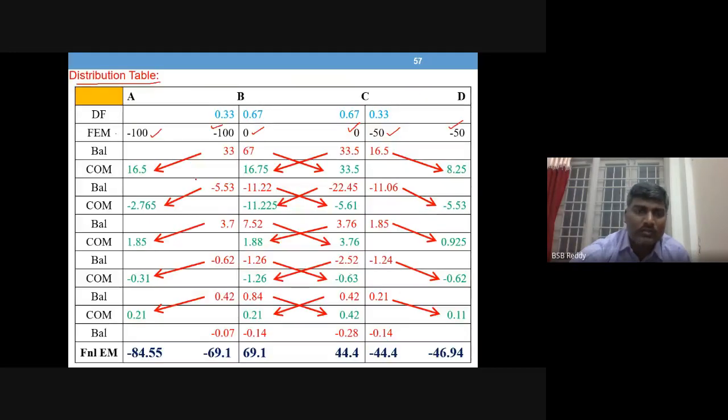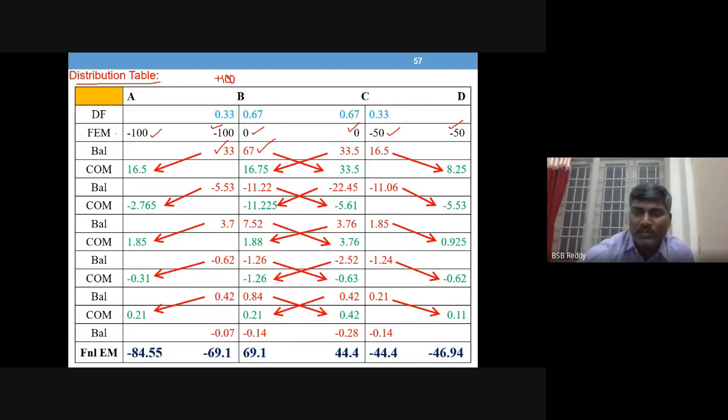Going for the distribution process, at joint B the remaining value is -100, so add +100 there. How much goes to B in AB is 100 into 0.33, that is 33, and 100 into 0.67, that is 67.